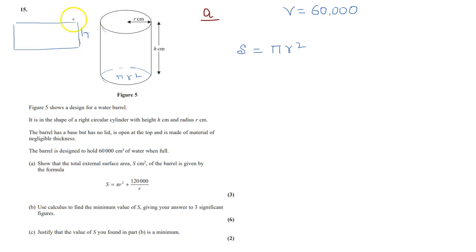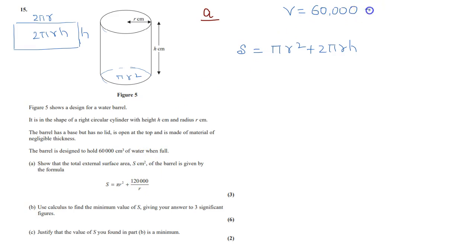This is h, and this is the circumference. The circumference is 2 pi r. So this area will be 2 pi r h, so plus 2 pi r h. Now you can see here h is not there, but somehow the multiple of 60,000 is here.